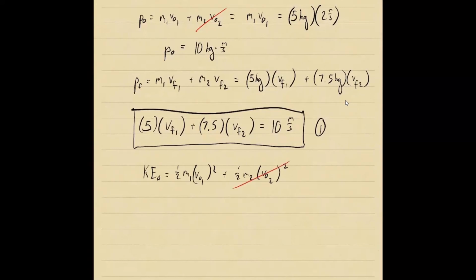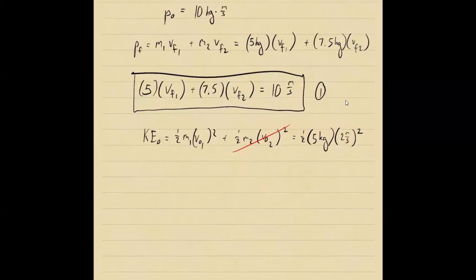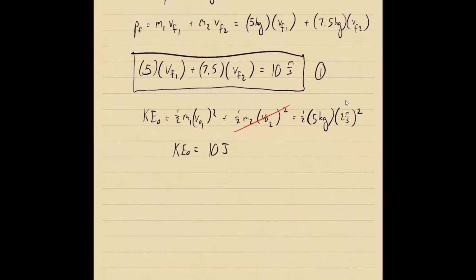So this whole first term, which depends on the second ball's initial velocity, is 0. So this is just equal to 1/2 times the mass of the first ball, which is 5 kilograms, times the initial velocity of the first ball squared. So in this case, our initial kinetic energy is 1/2 times 5, which is 2.5 times 2 squared, which is 4. So this is going to be 10 joules. So that's our initial kinetic energy.